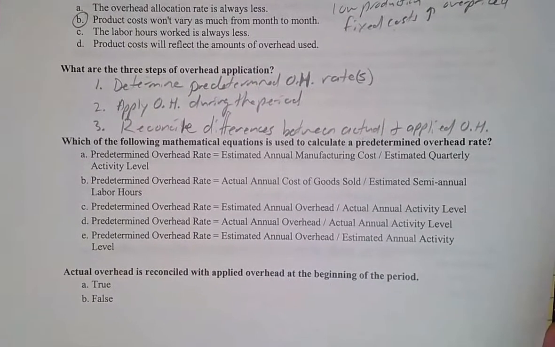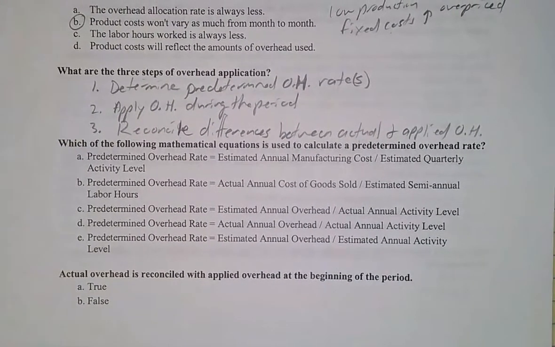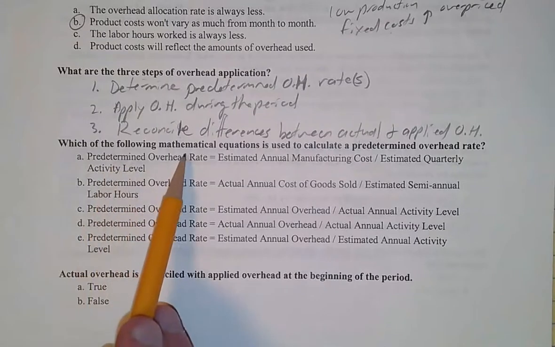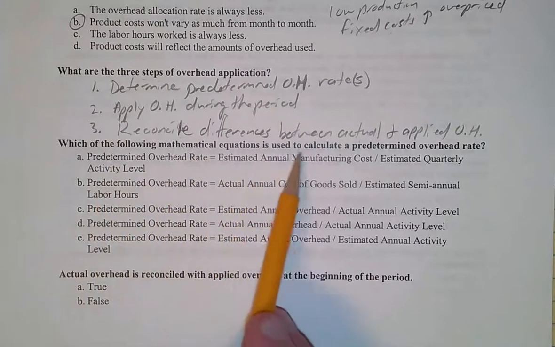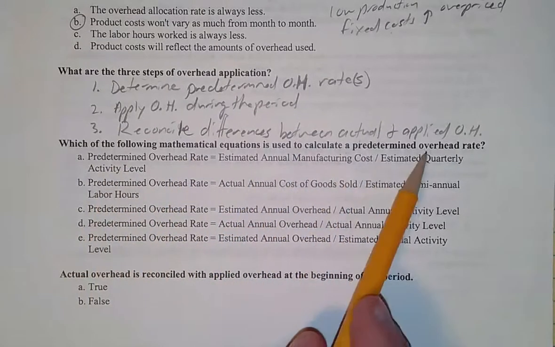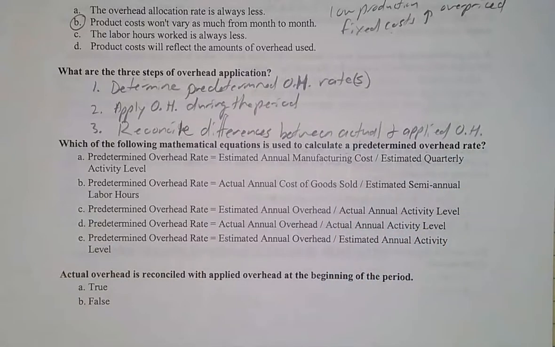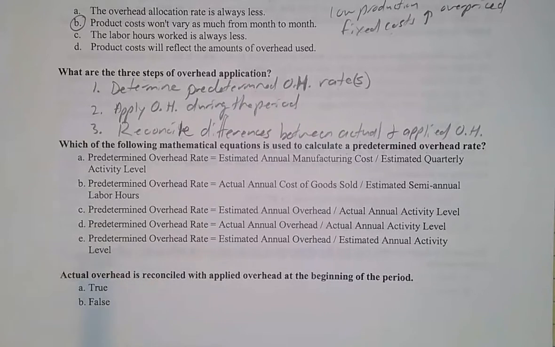This video is starting to get a little bit long. Which of the following mathematical equations is used to calculate a predetermined overhead rate? So the predetermined overhead rate equals, so all of our choices start off with the same thing, which is good because that's what we're trying to determine.